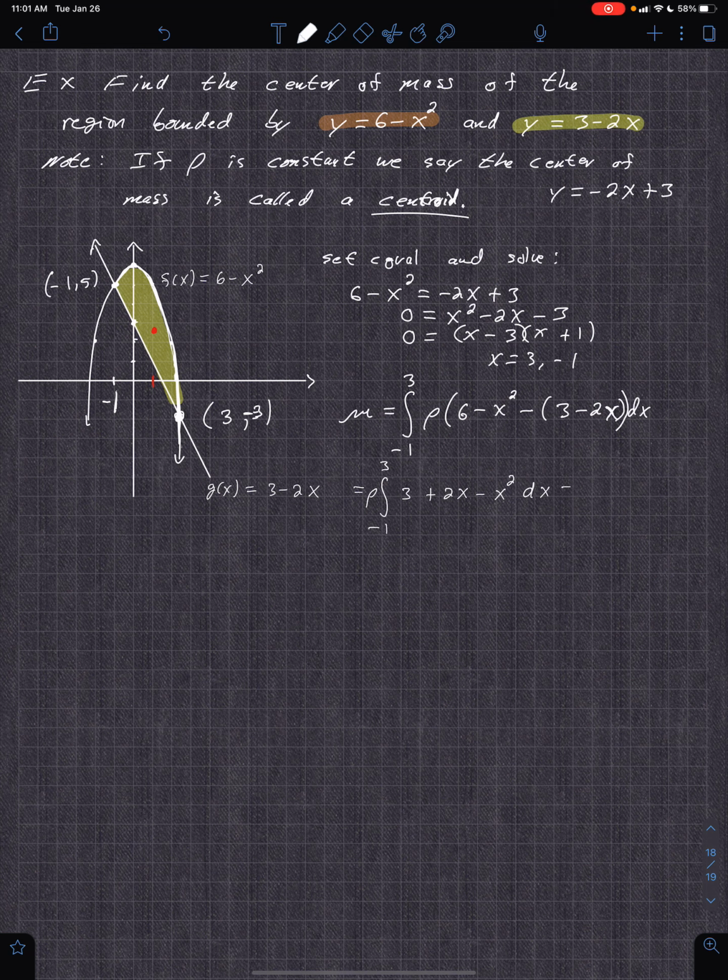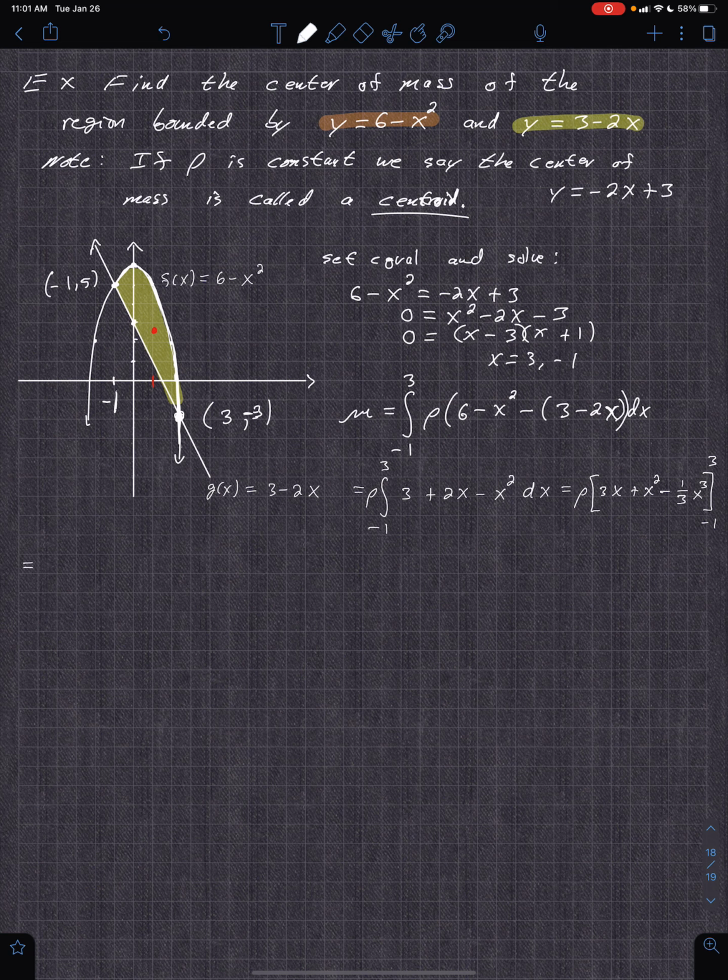You get rho times 3x plus x squared minus 1/3 x cubed, from negative 1 to 3.